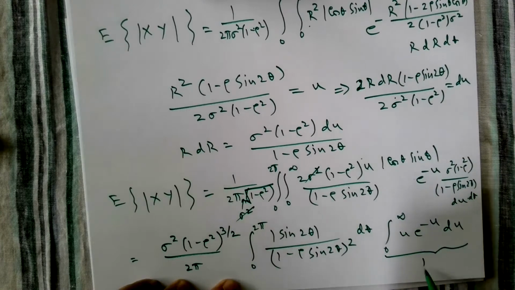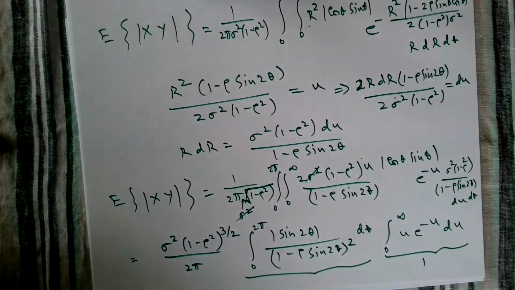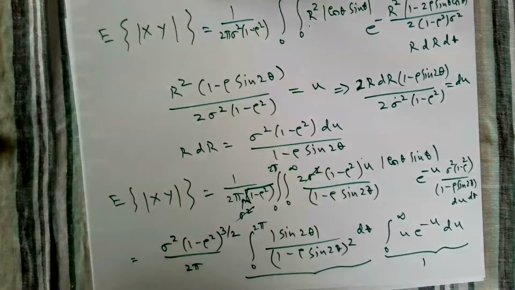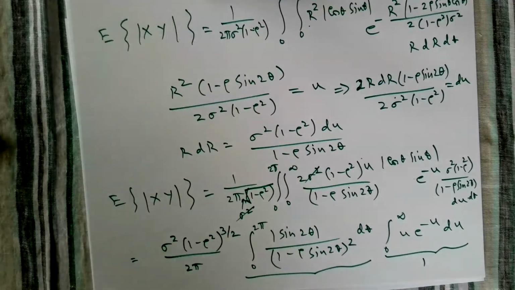This is easy. This is 1. So basically we need to evaluate this integral, and that's what we are going to tackle now. But the big task is doing that integral.